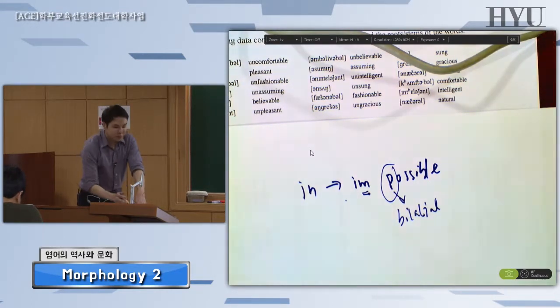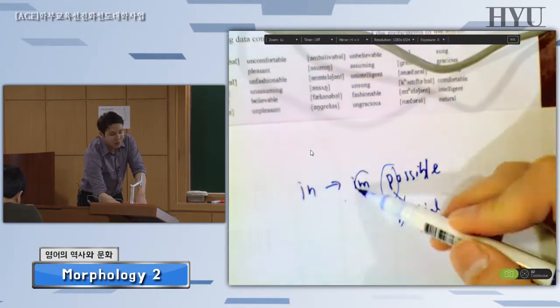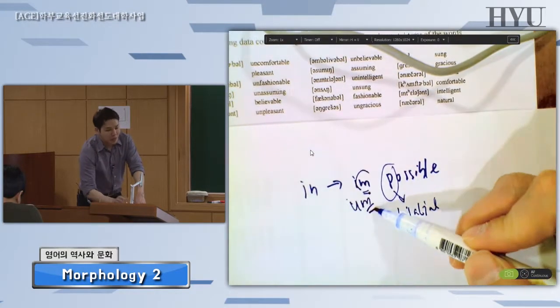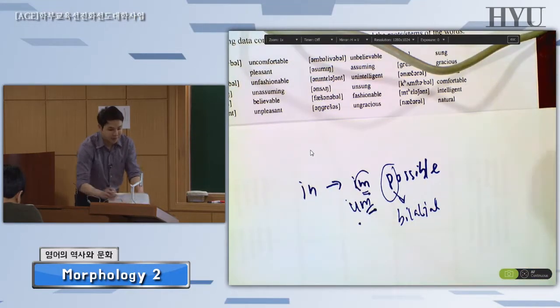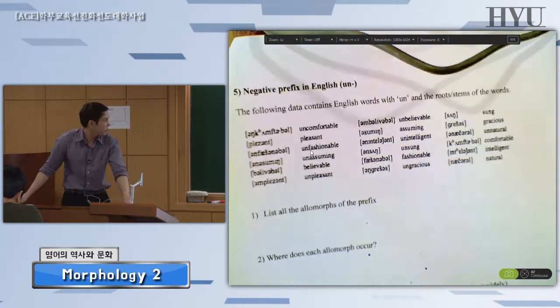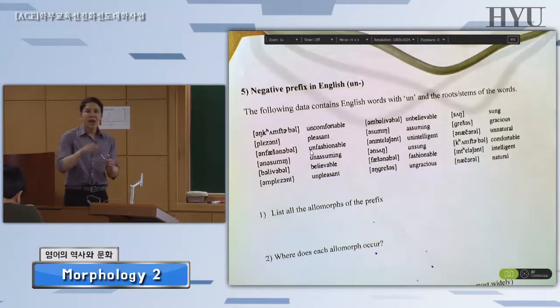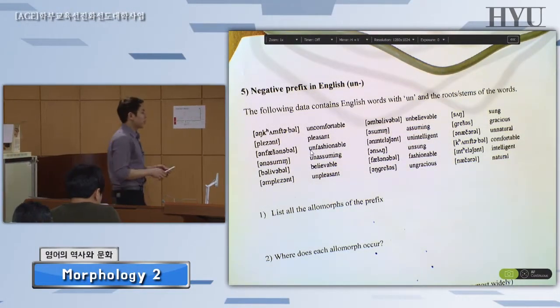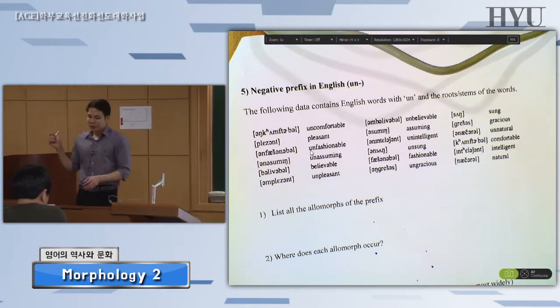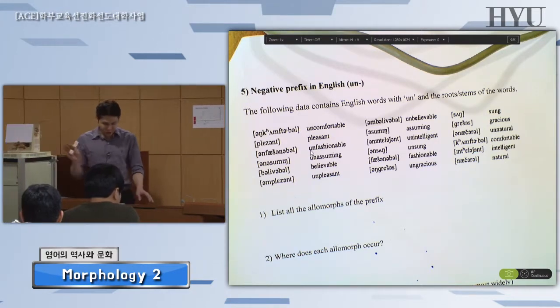Can you tell me where we can see other allomorphs? I'll give you about 5 minutes. People who can answer my questions will get cookies.